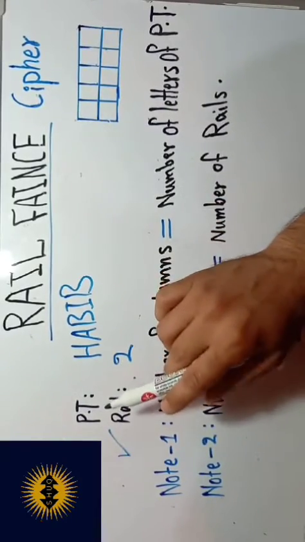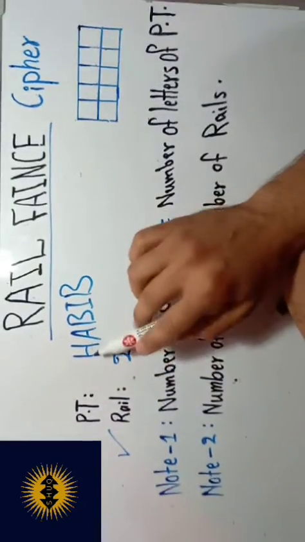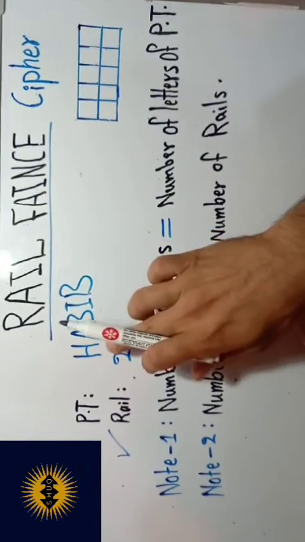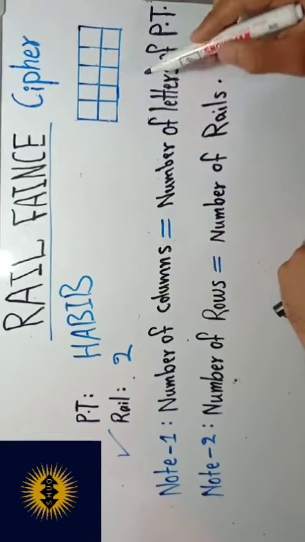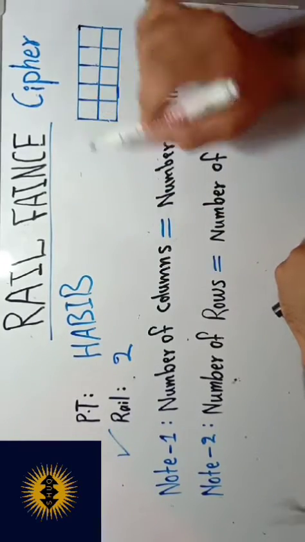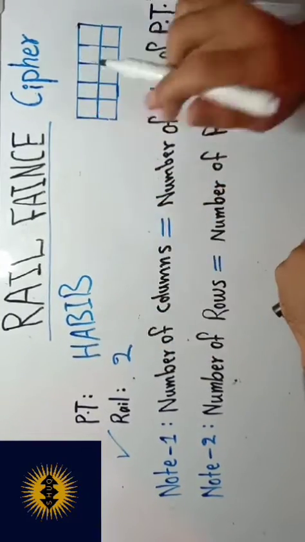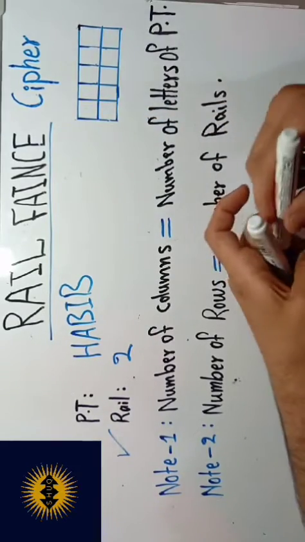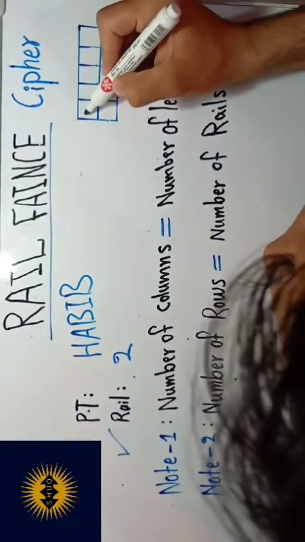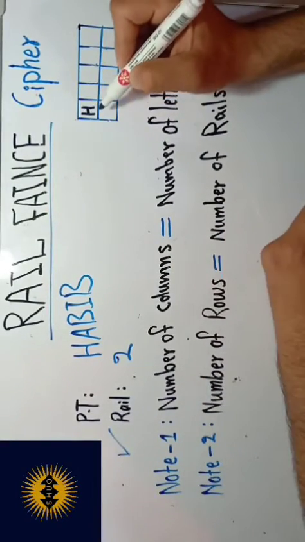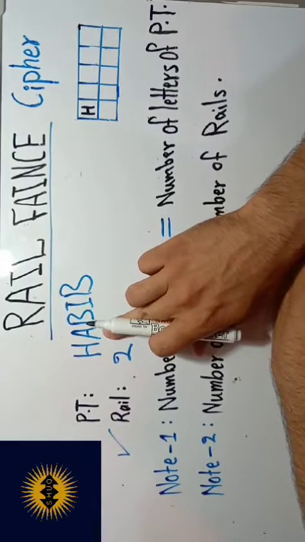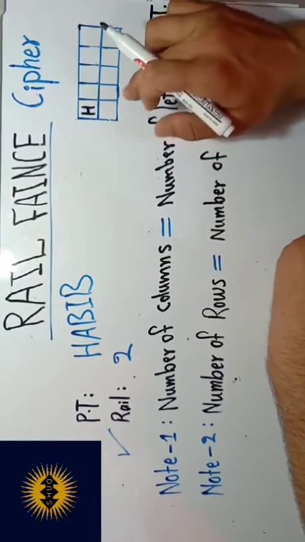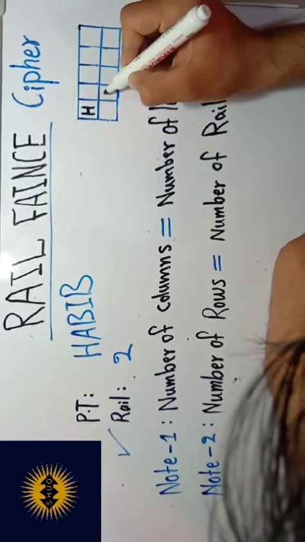The first thing that we have to do is write the letters of the plaintext in a zigzag manner in our diagram. The first letter, H, should be written in the first square. After that, the second letter, A, should be written in the second column and second row square.